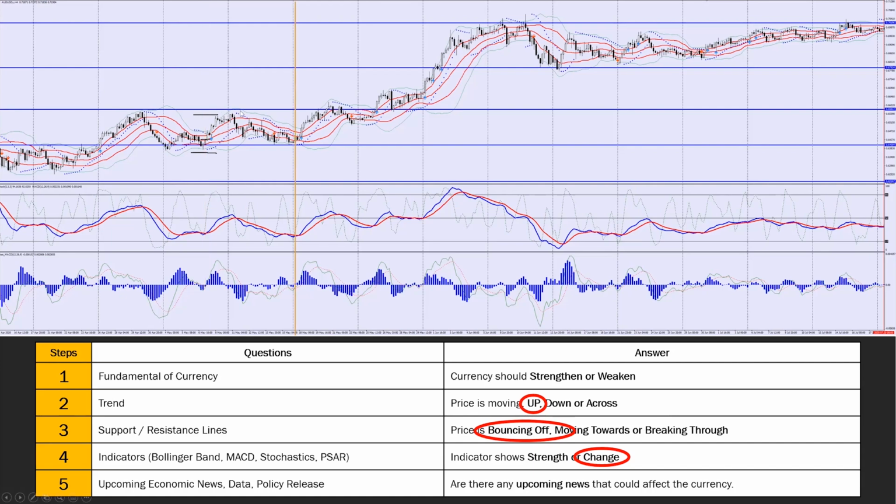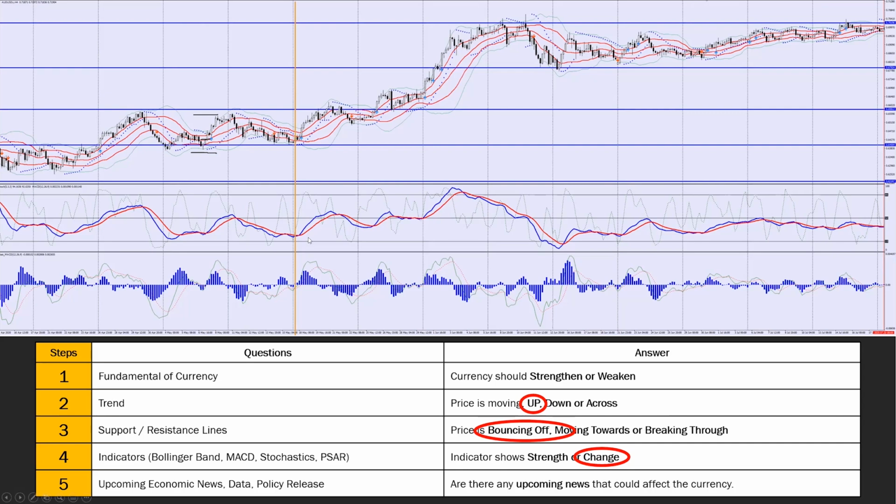We're not selling it down at this point. Your fourth trade, you're looking at it going still strengthening. Aussie dollar is still strengthening against the US dollar. Price, look, it's still been moving upwards. Price is again bouncing off support level.